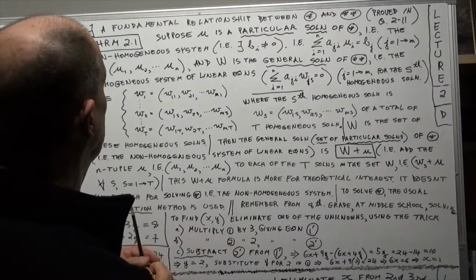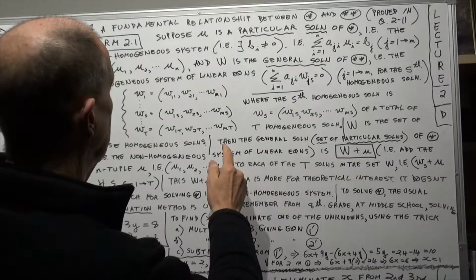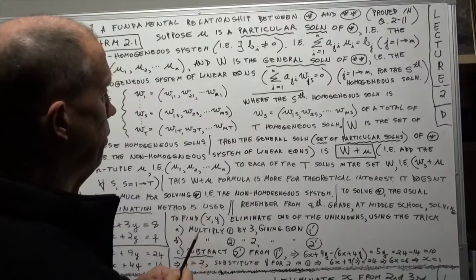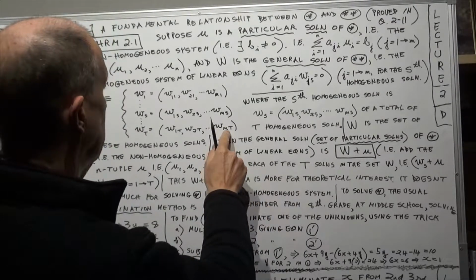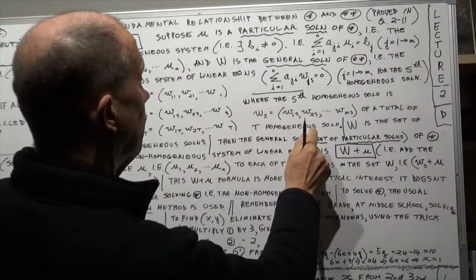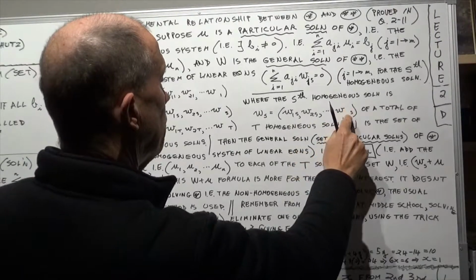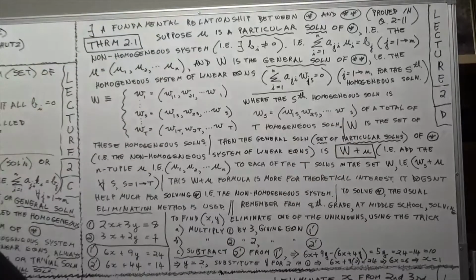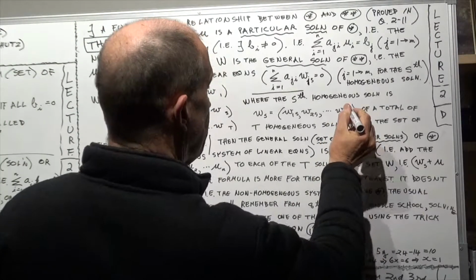Wait a minute, I may have made a mistake here. Yeah, I think this should be n, because there are n variables.